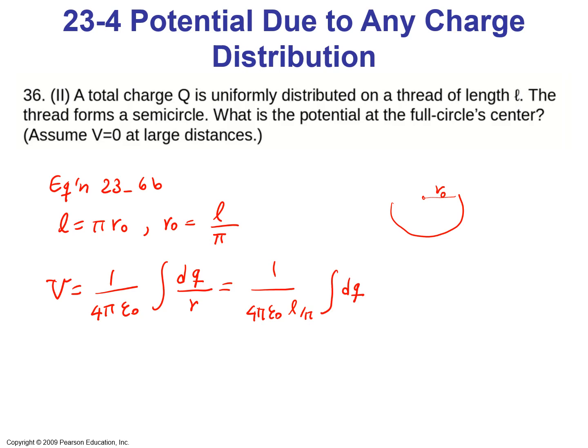If we take the integral over all the charge distribution, we will have the total charge Q. So the pi's cancel out, and the integral of dq is equal to Q. So we have Q divided by 4 epsilon naught L.